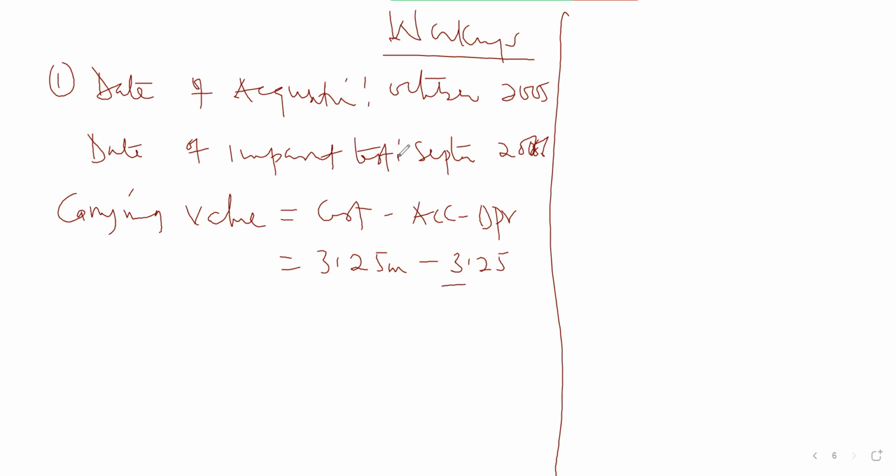Okay, so divided by the useful life of the assets, 10 years. Because the depreciation is only one year, it will be the cost minus the accumulated depreciation. So what are we going to have? We are going to have 3.25 minus 0.325. If you subtract, what are we getting?